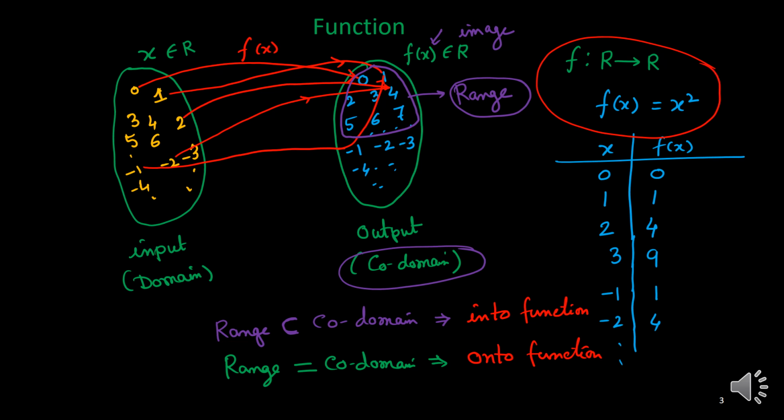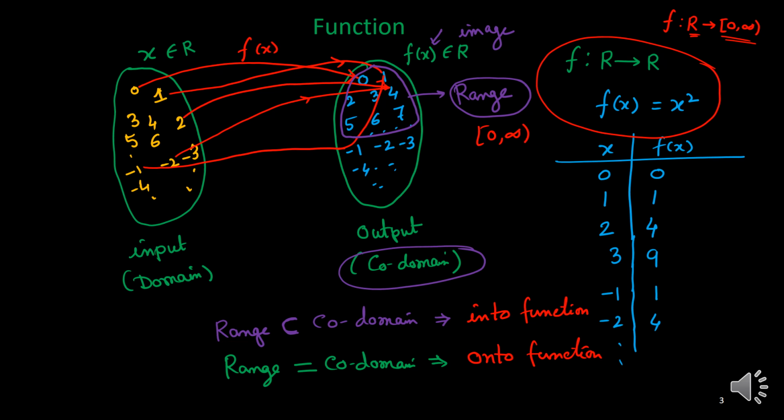So instead of this, if we write that f is mapped from R to 0 up to infinity, this interval, the first one is the input, the second one is the output interval. This is the codomain. Now it is perfectly matching because our range is including 0 and up to infinity.